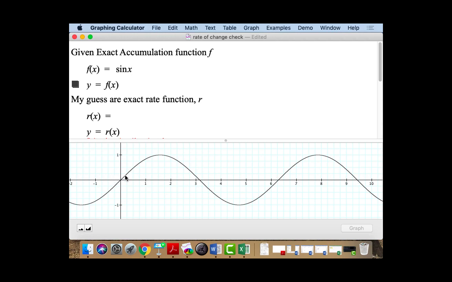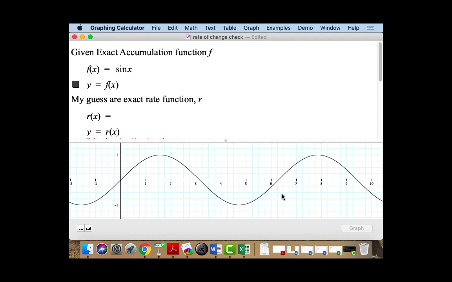So I've got accumulation at its greatest point here and then its least point there, meaning highest positive number, most negative number. And I've got positive rates of change from 0 to pi over 2. And then from pi over 2 to pi, and then another half pi, 3 pi over 2, I'd have negative rates of change, and it repeats itself over and over again.